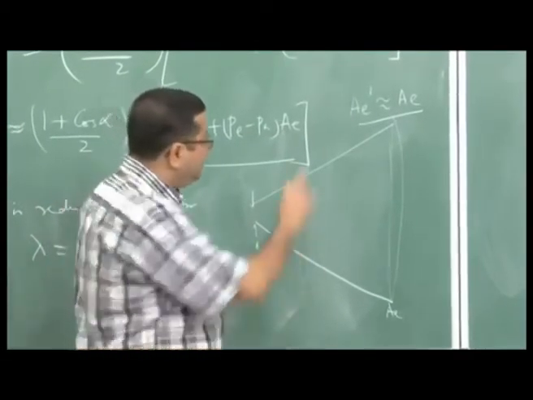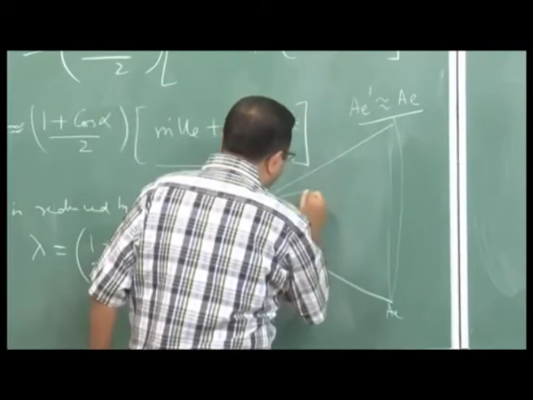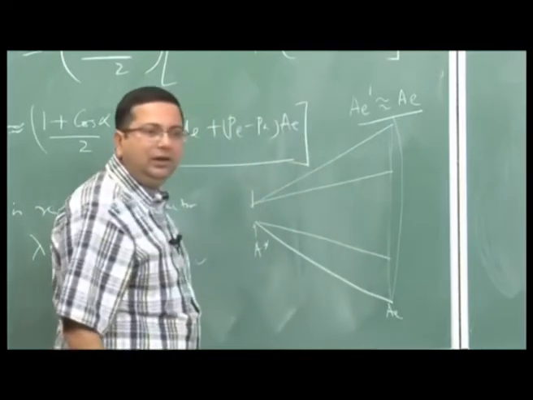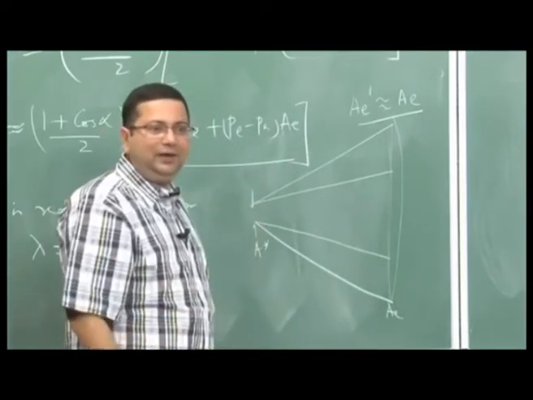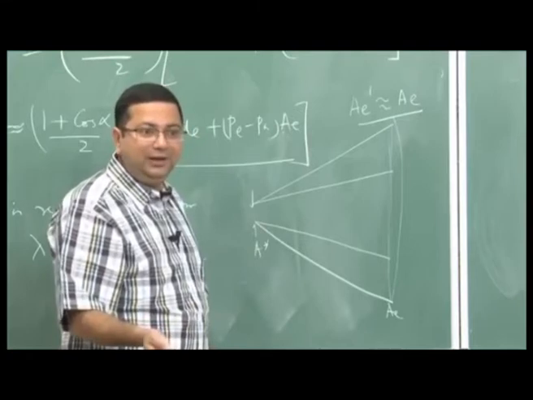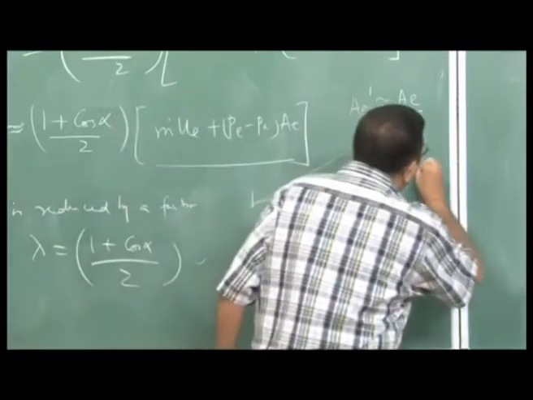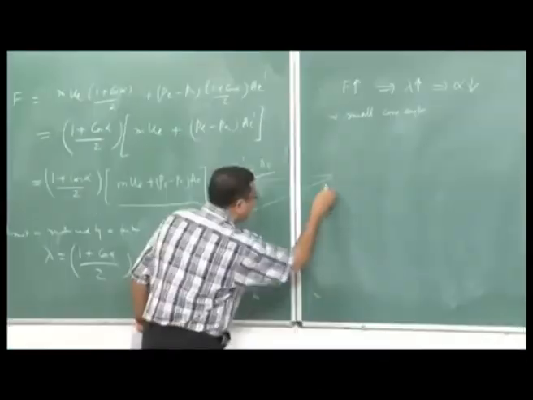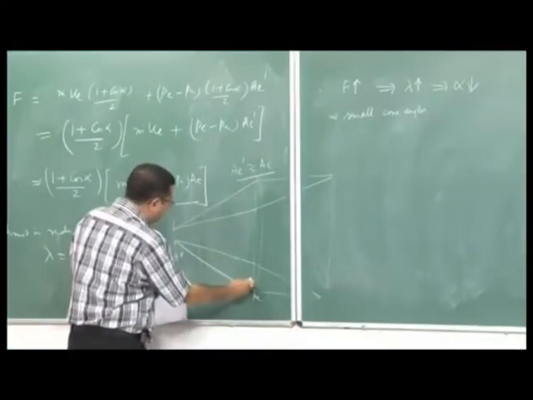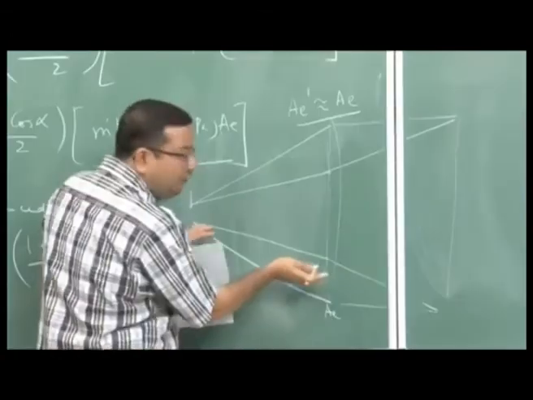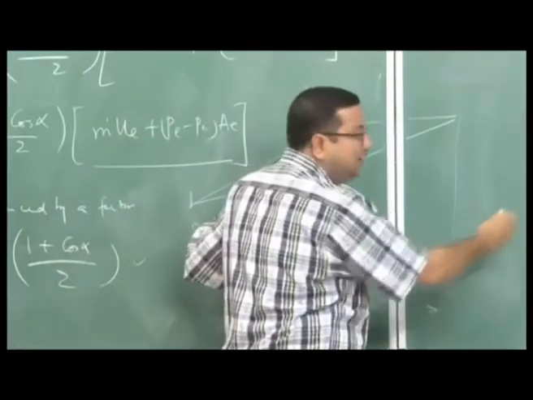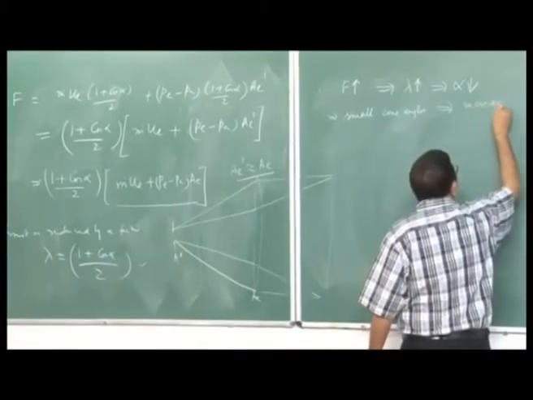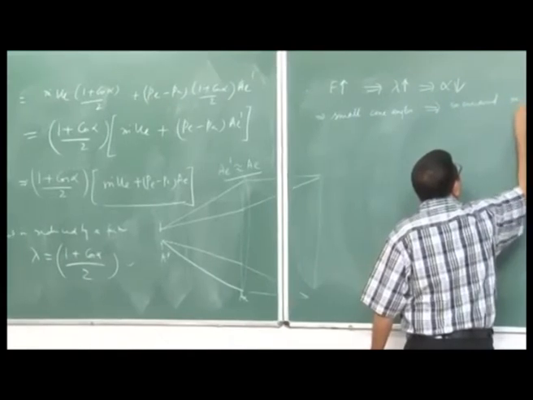Now, for this fixed area ratio, if I reduce this half angle, how do we get this exit area ratio, because that we need to get. The only way to get it is by extending the length. Earlier we were getting this area ratio within this length. If you reduce the half angle, we have to increase the length. So smaller cone angles mean increased nozzle length.